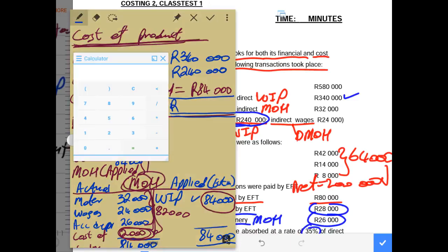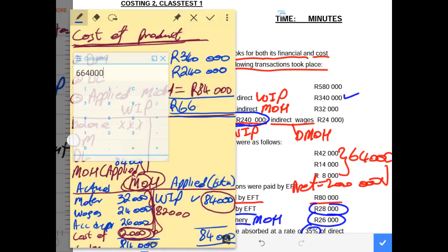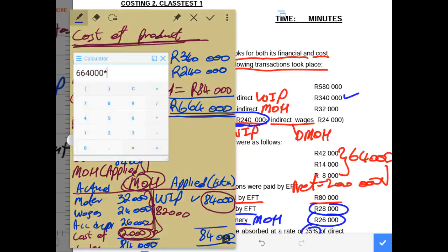So the cost of the goods that went into production will be the 340,000 rands of material plus 240,000 rands of labor plus 84,000 rands of the applied overheads. Meaning the total cost of production was 664,000 rands.